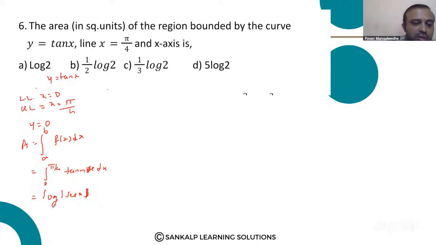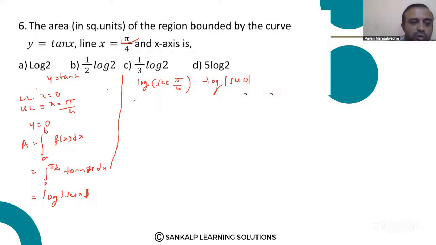So that can be written as log of sec of pi by 4, because the upper limit is pi by 4, minus log of mod of sec 0, the lower limit.